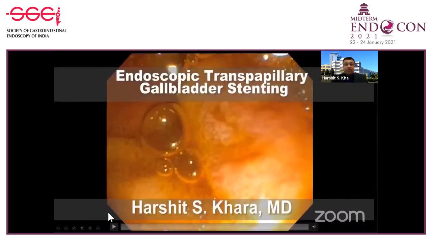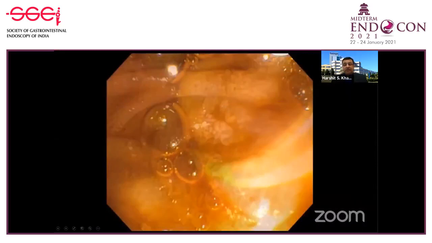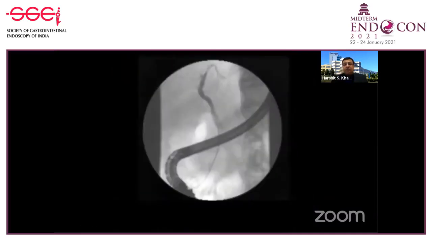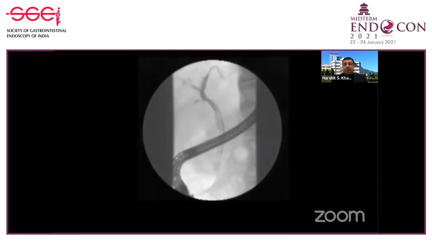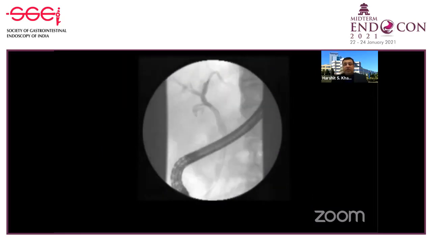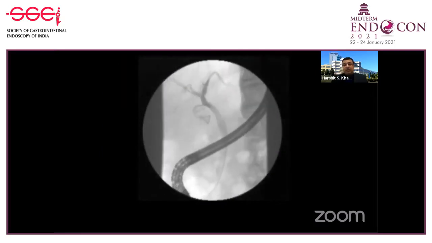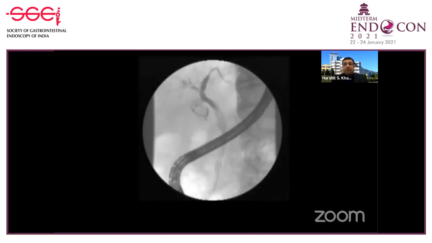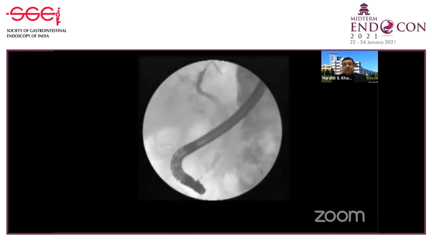In regard to endoscopic transpapillary drainage, this is done under endoscopic and fluoroscopic guidance. Initially, transpapillary access is obtained to the biliary tree. From the bile duct, the opening of the cystic duct is pursued under fluoroscopic guidance and maneuvering of an angled guide wire. My preferred wire of choice is a 0.025 angled guide wire that I'm able to maneuver across the cystic duct through the various twists and turns to get access into the gallbladder lumen itself.